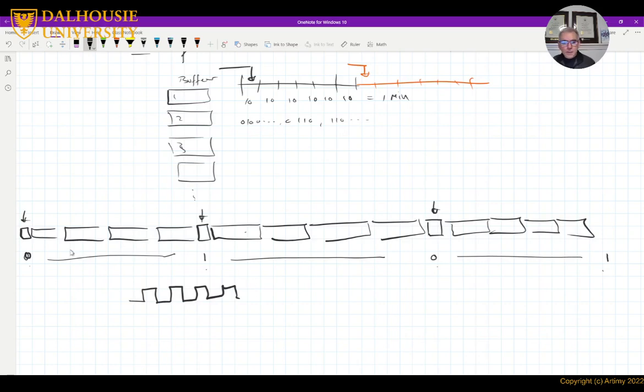So the multiplexer keeps an eye on these control bits. If it always sees that they are 0, 1, 0, 1, 0, 1, it means that the multiplexer and the demultiplexer are still in sync.